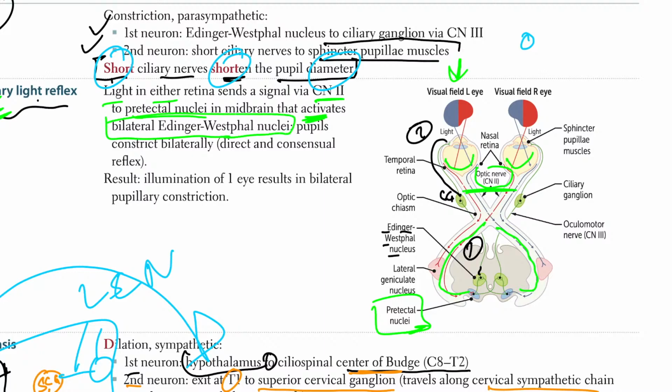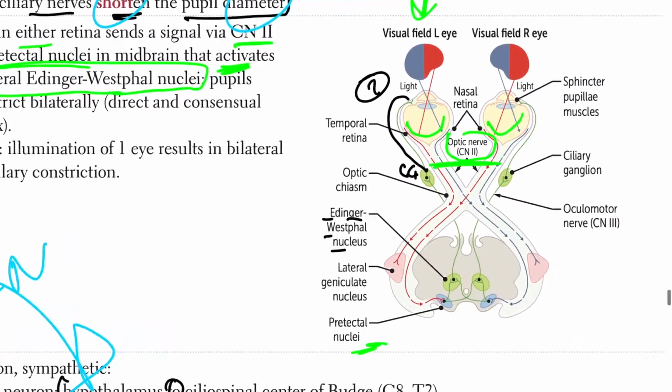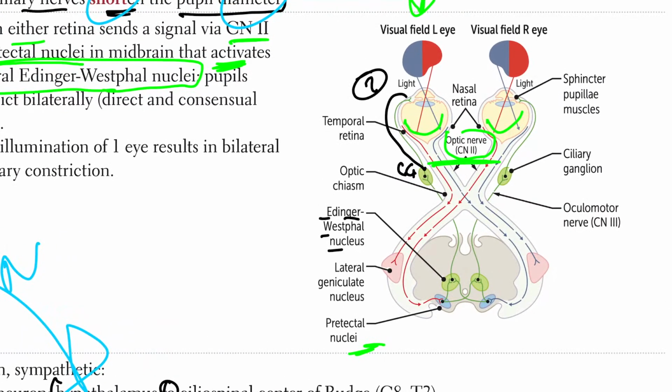That's important, so let's take a look at what we are saying here. Let's say we have a light. We shine light here. This goes from the retina through the optic nerve, CN2, all the way back and stimulates the pretectal nucleus, right?